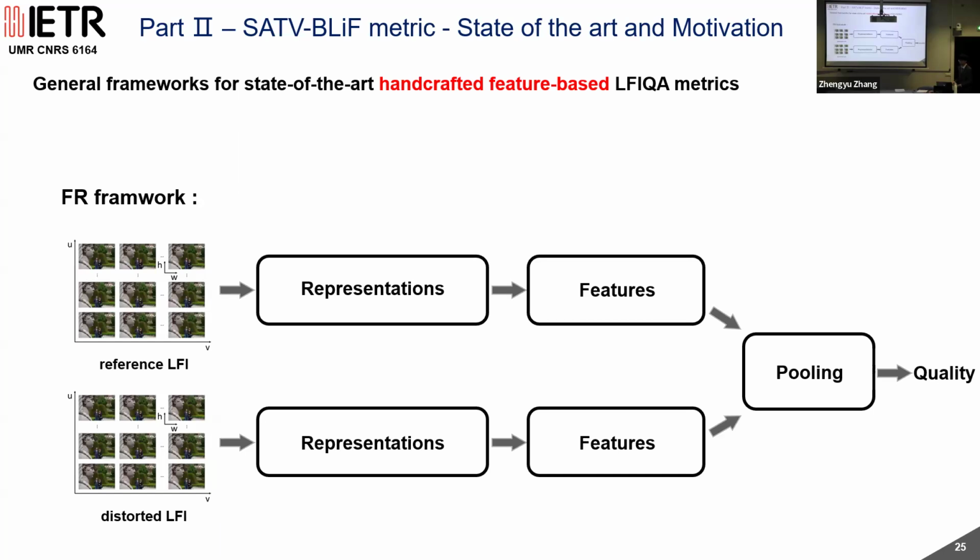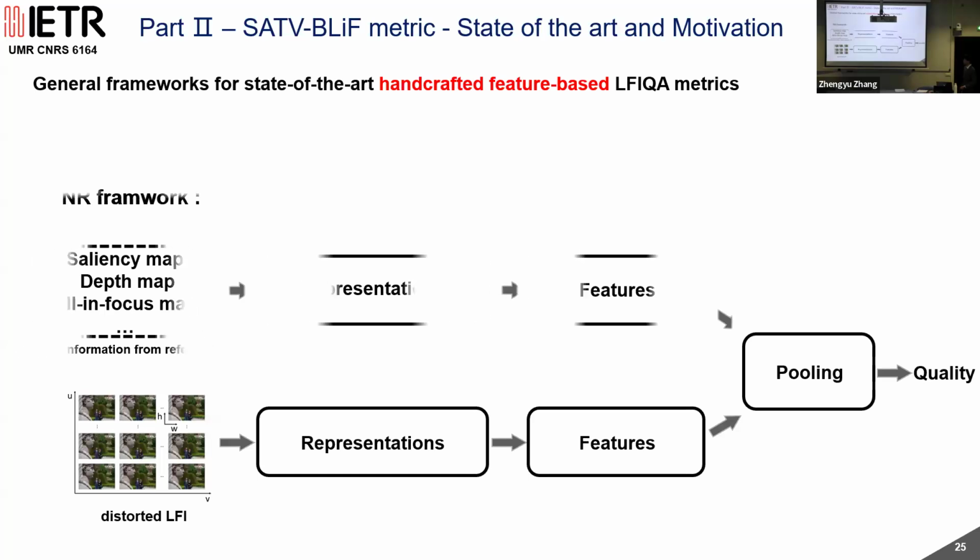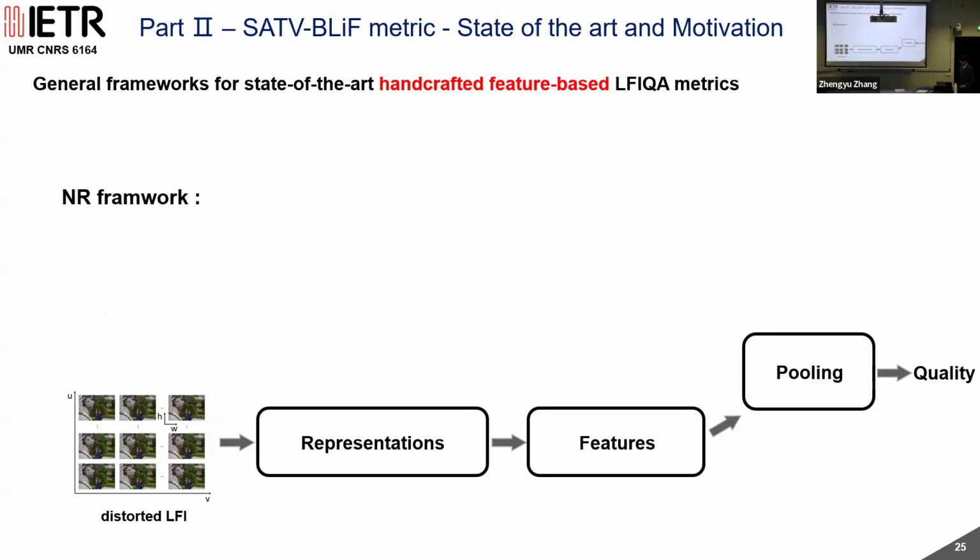That's the general framework. And then for the reduced reference metrics, the reference information is no longer available, but instead there are other forms of information from the reference, such as the balance map, depth map, and all-in-focus map. And for the no reference framework, only the distorted information is provided.